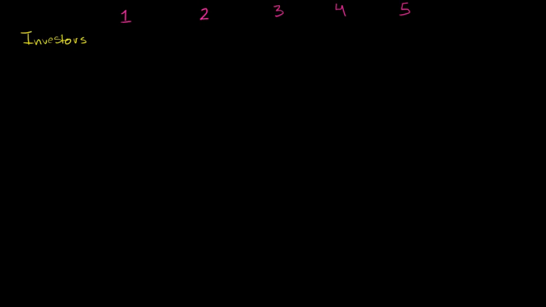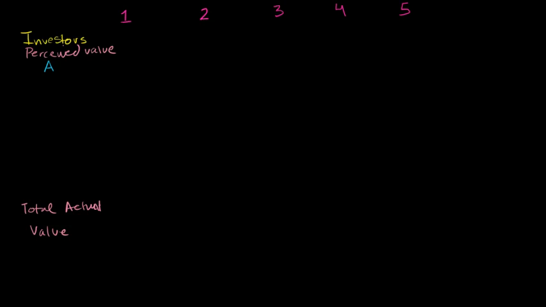So let's say I have investor A. So this is going to be the investors' perceived holdings, or perceived value. And over here I'm going to write total actual value. So you can imagine this is the actual amount of cash that I have.